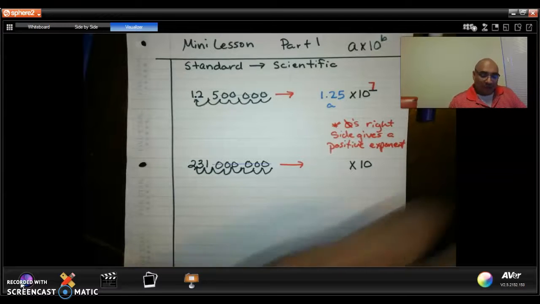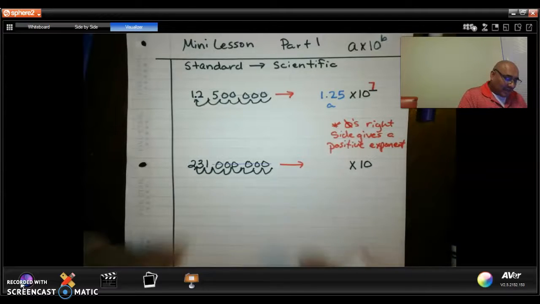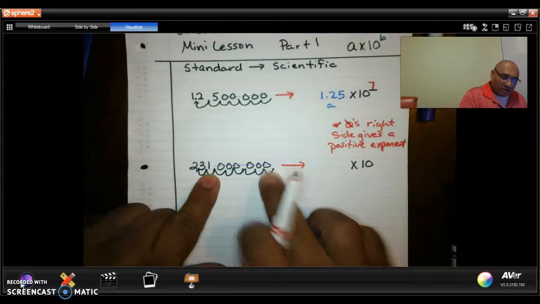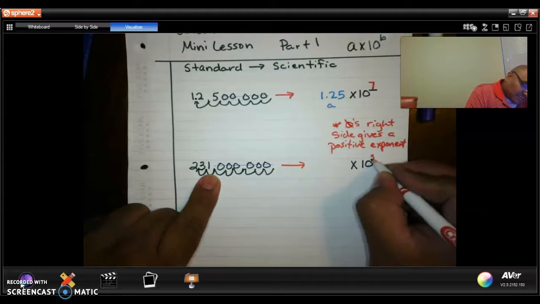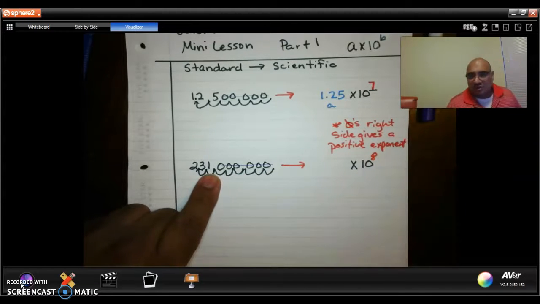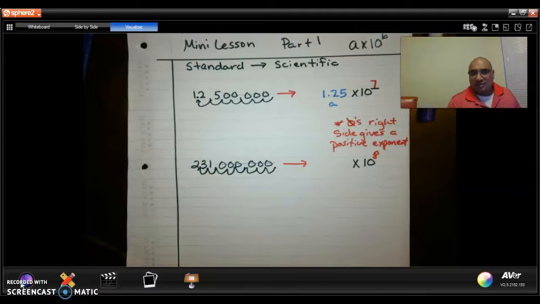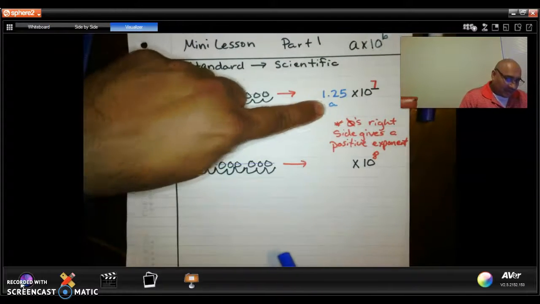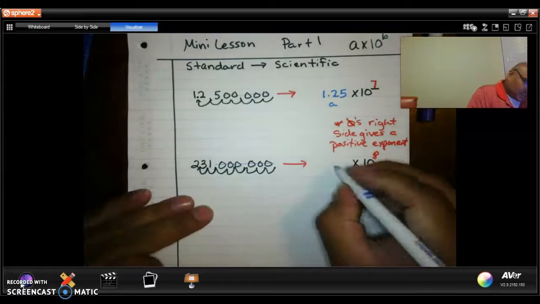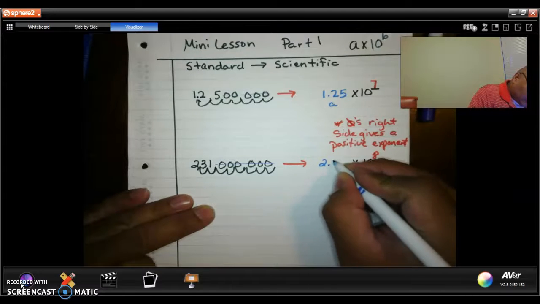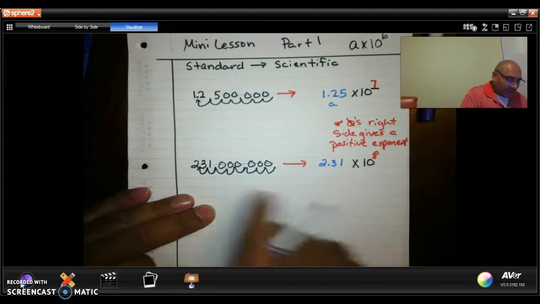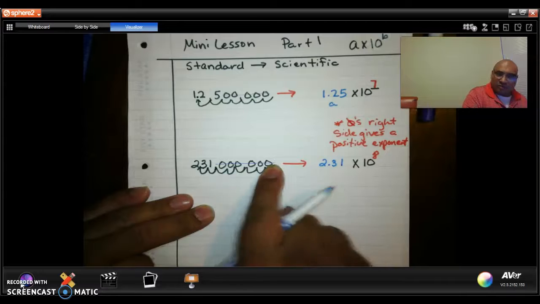Because I moved it 8 spaces and my zeros are on the right, it's going to be a positive exponent of 8. But then my A is now actually 2.31. And I dropped all these zeros because I don't want to have to write these anymore.